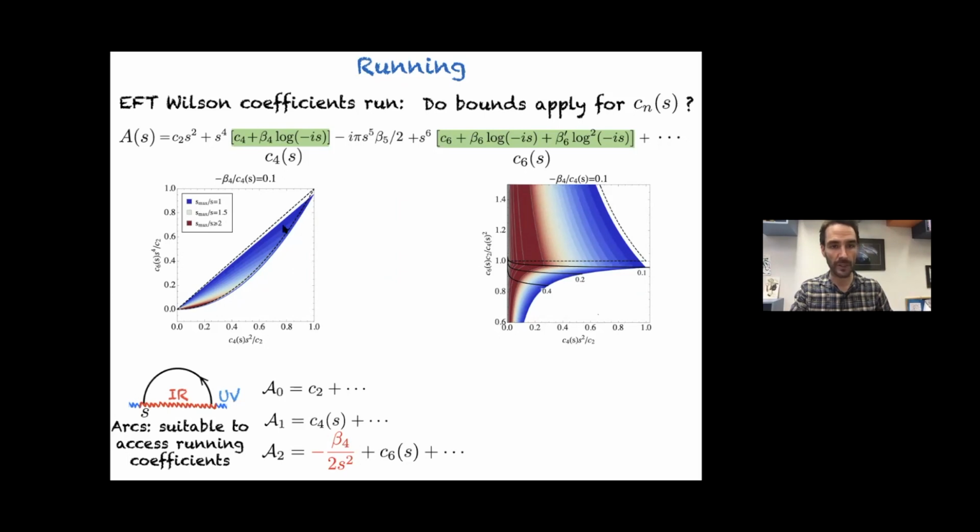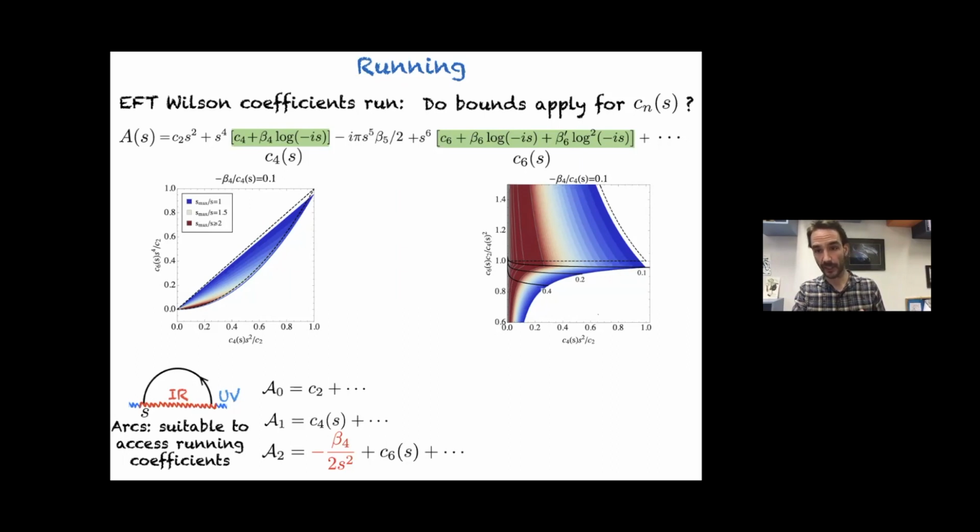Points which are blue, in fact, are very close to the cutoff. Points instead which are red are theories which can have a very large separation of scales. Particularly, let's look at this plot here. The feature that is new is that now there is an allowed region also below this area.